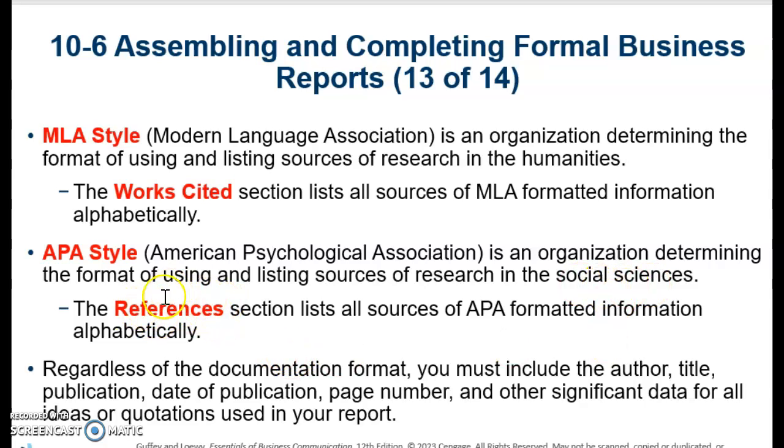It has a reference section where it lists all sources. But regardless of which one you use, you must include the author, the title, the publication, the date of publication, the page number, and other significant data for all ideas or quotations that you use in your report.